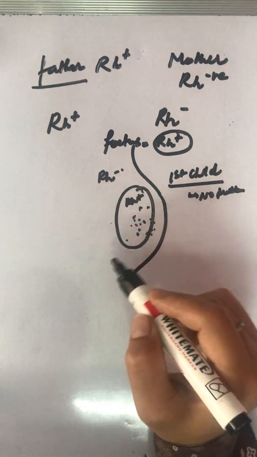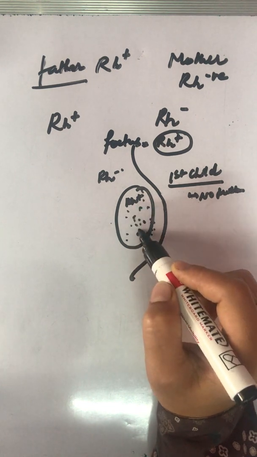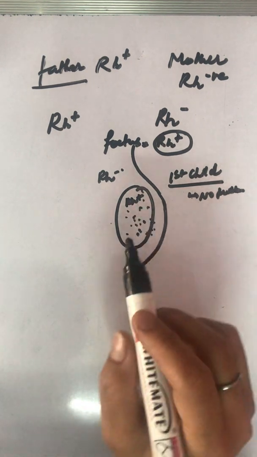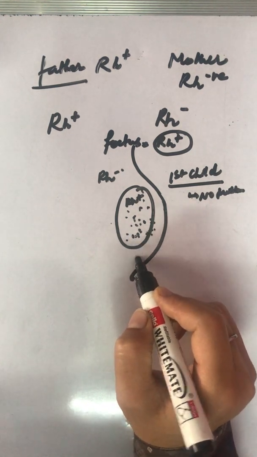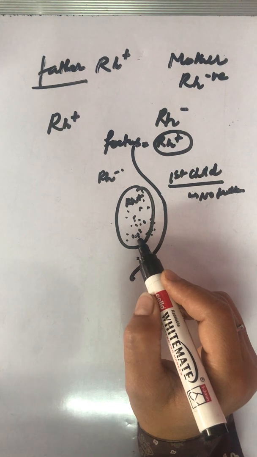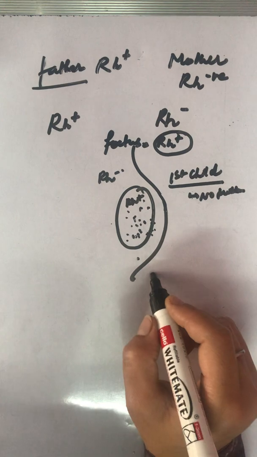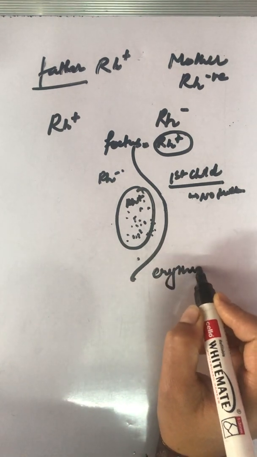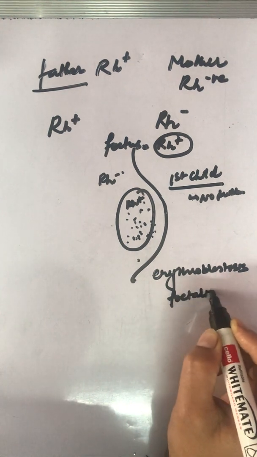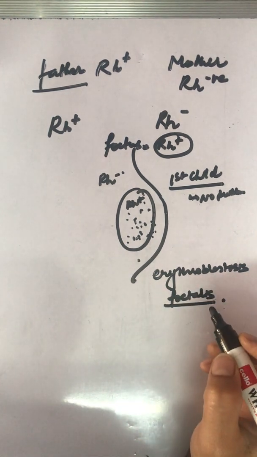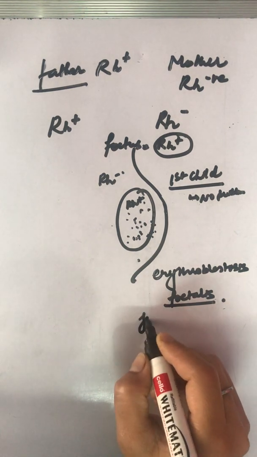But during subsequent pregnancies with an Rh positive fetus, the anti-Rh antibodies of the mother's blood can destroy the RBCs. This results in hemolytic disease of the newborn, known as erythroblastosis fetalis, the destruction of erythrocytes. The newborns may survive, but with severe jaundice.